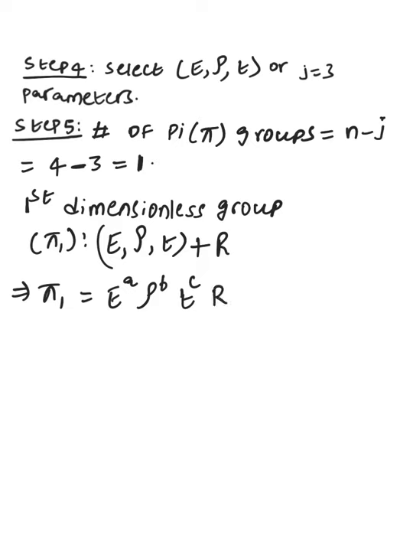We do not give any power to r; let's say r is to the power 1. But we do know that pi 1, the first pi group, is dimensionless.